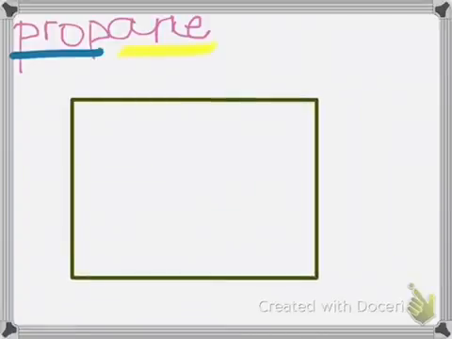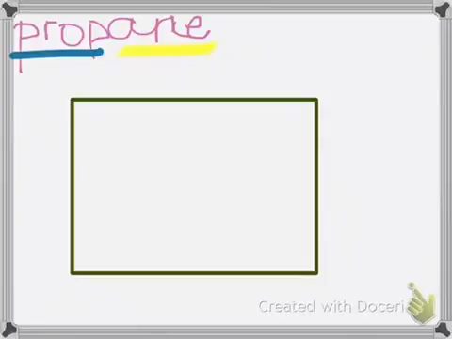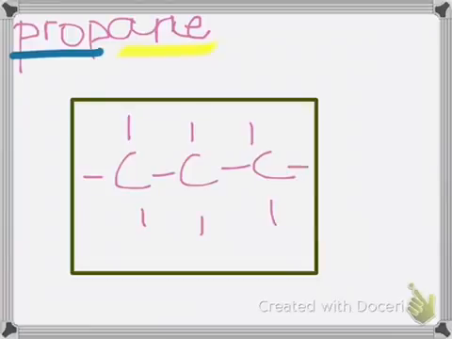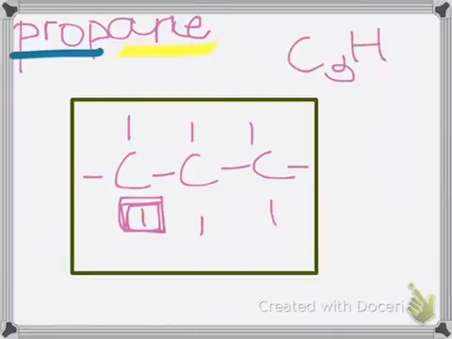The structural formula for propane is somewhat like this, and as you can see I have not written the H. This is because everyone knows that the bond mark indicates there's going to be an H there. So the molecular formula for propane is C3H8.